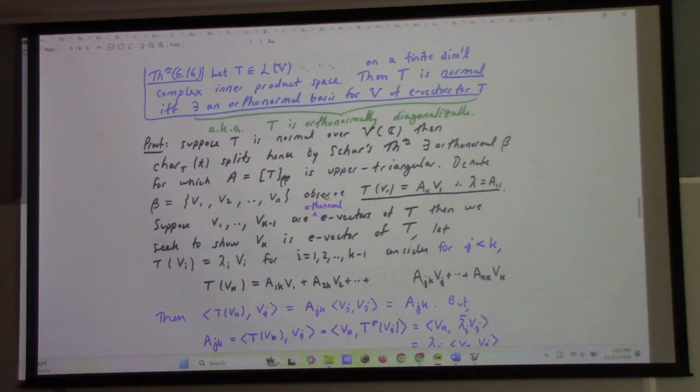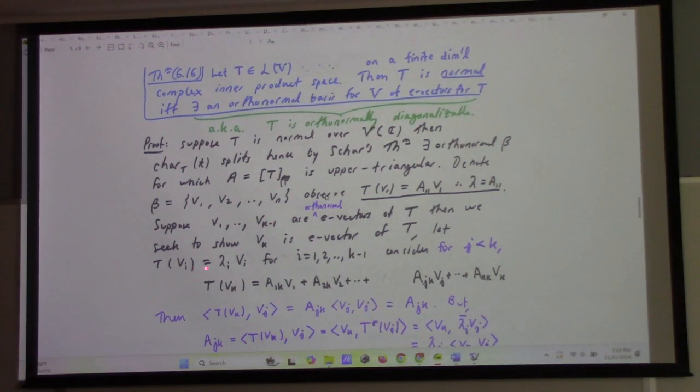The proof basically is use Schur's theorem that gives you an orthonormal basis for which the matrix is upper triangular, which then means that the first vector has to be an eigenvector, because if you think about how a triangular matrix looks, that makes the first vector in the basis an eigenvector. And then we suppose by induction that we have k minus 1 eigenvectors.